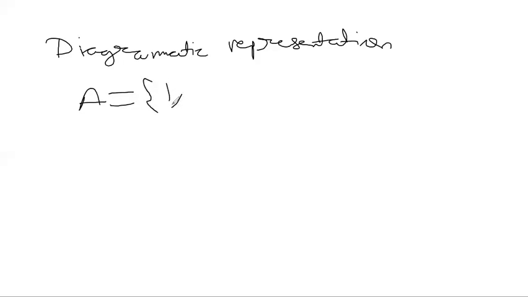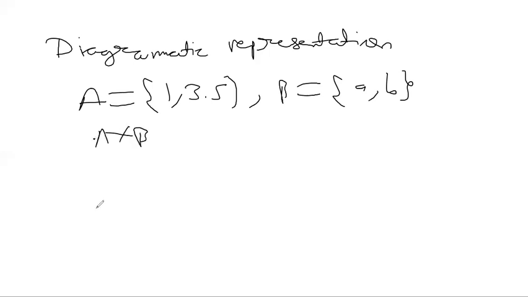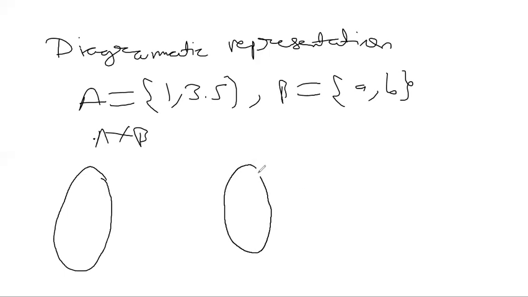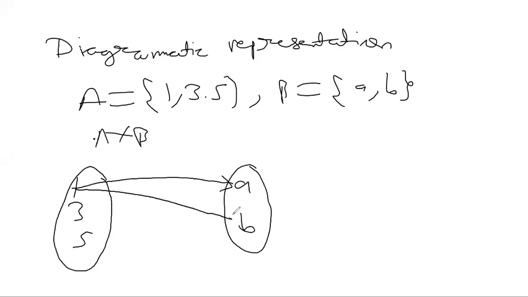Diagrammatic representation. How can we represent it diagrammatically? If A is equal to {1, 3, 5} and B is equal to {a, b}, find A cross B. Let us take one set here, that is A, and one set here, that is B. Here we take the elements of A: 1, 3, 5, and B will be taken as a, b. From 1 we draw a straight line to a, and from 1 towards b also a straight line.